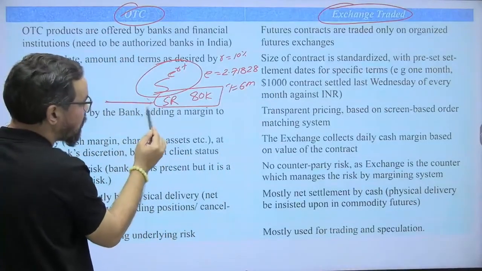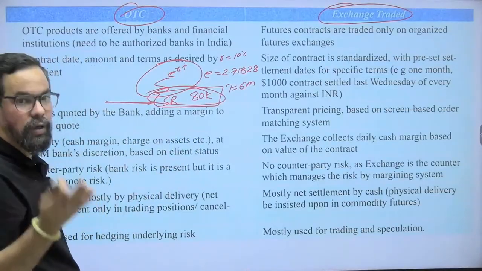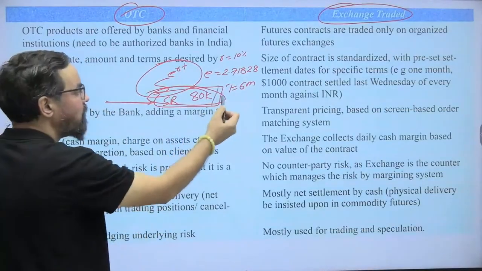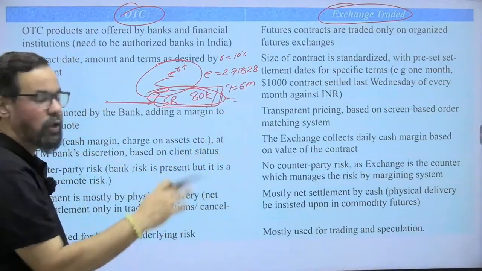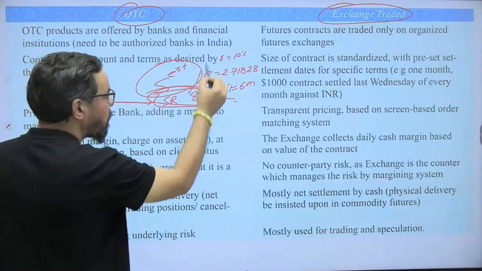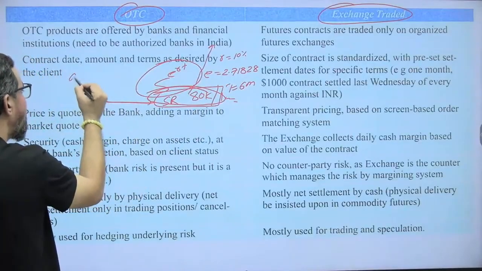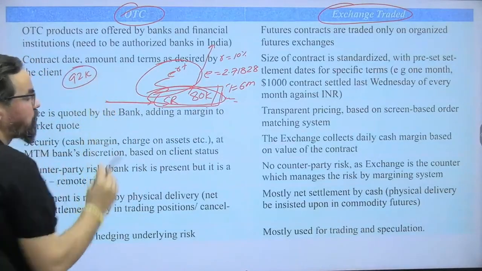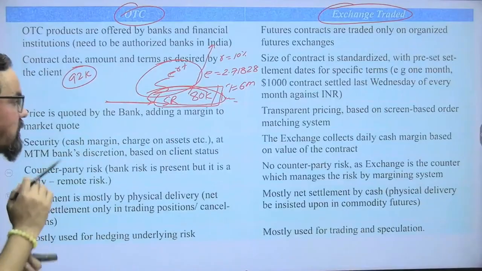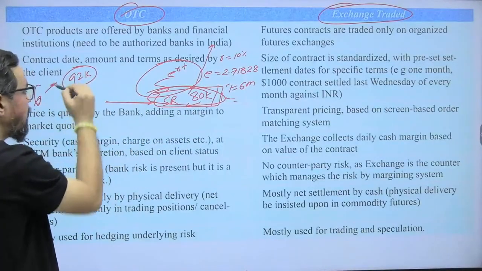Everything is based on this underlying asset, which is the current market price. Let's say gold per 10 grams is supposed to be 80,000 rupees in the market or 1 lakh rupees. After this calculation, we reach 92,000 for 6 months. So the 6-month contract for gold: the spot rate is 86,000, and 6 months later it is showing 92,000.